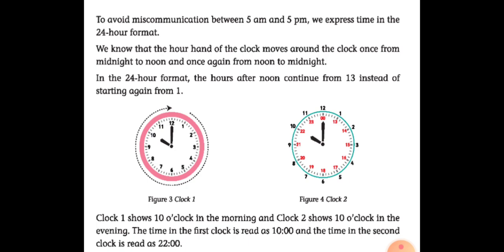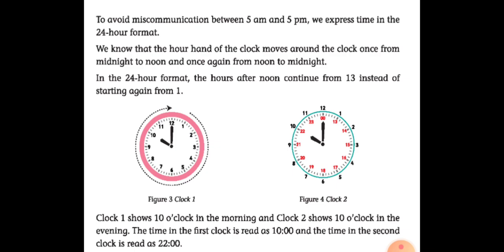Next, to avoid miscommunication between 5 a.m. and 5 p.m., we express time in the 24-hour format. We know that the hour hand of the clock moves around the clock once from midnight to noon and once again from noon to midnight.